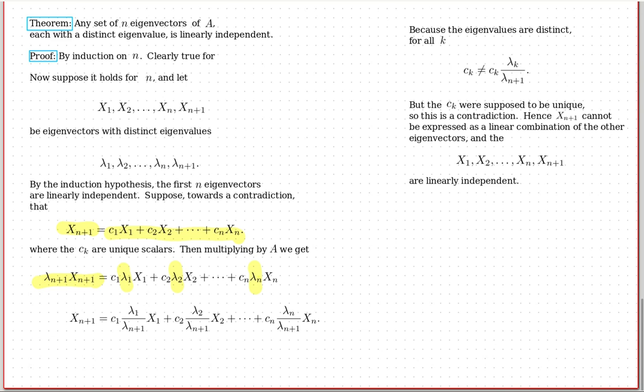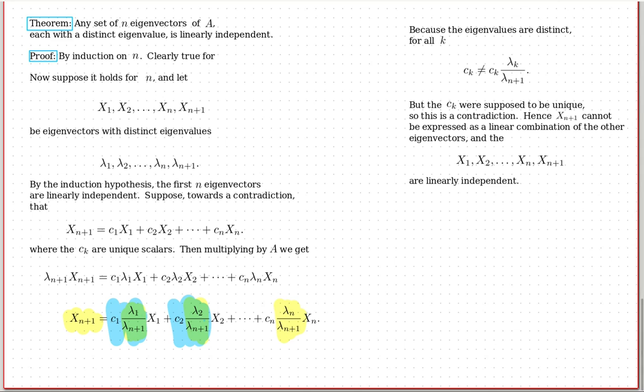So we pick up a distinct factor in each term. And then dividing through by lambda(n+1), we can write it this way. We can express x(n+1) in terms of the first n eigenvectors with these coefficients here.